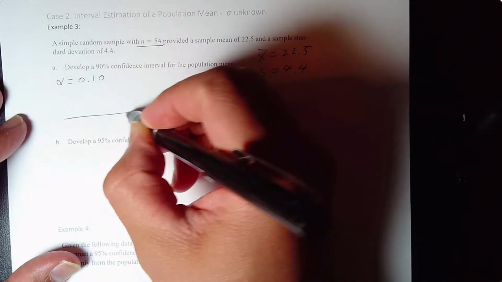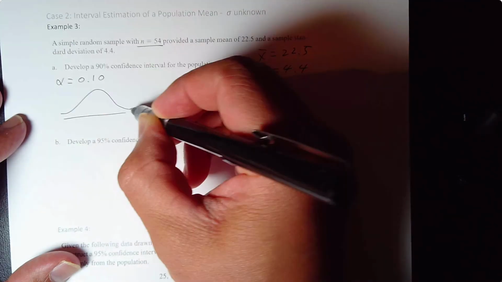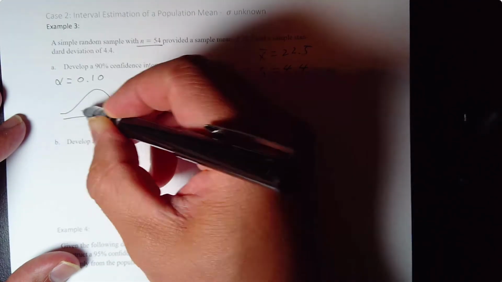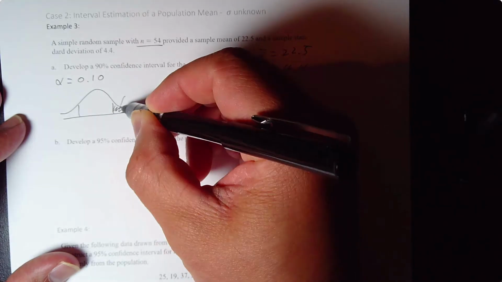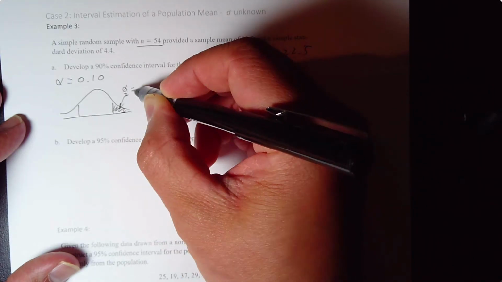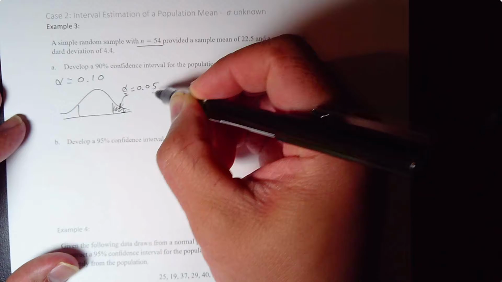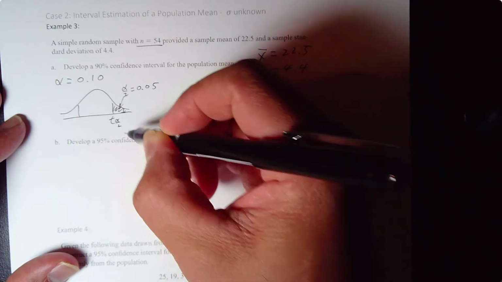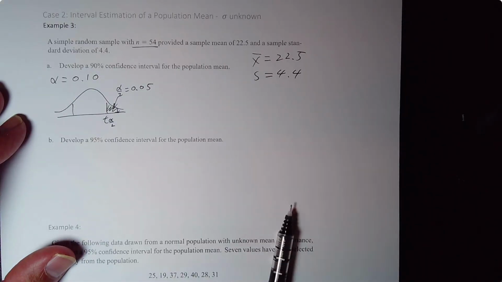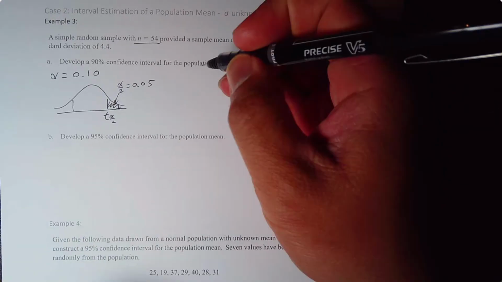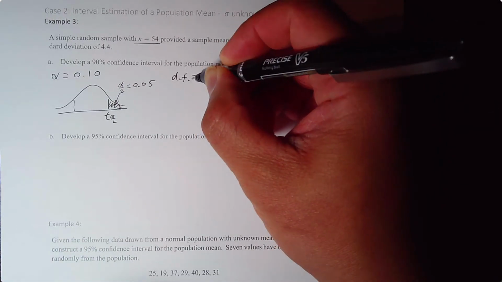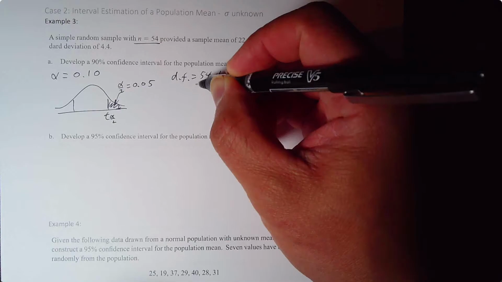Just do a quick sketch here. My alpha is 0.10, which means alpha over 2 equals 0.05, and that's going to be my t critical value. I need to look that up, and before I do that, I need my degrees of freedom. Degrees of freedom equals 54 minus 1, which is 53.